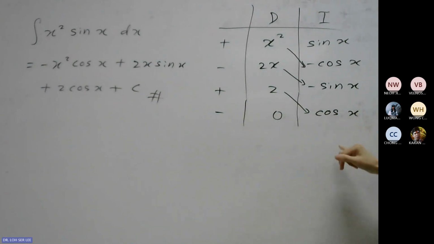And you will need this for next semester for the subject of differential equation, especially for the topic of the Fourier series. You will use this massively. So make sure you know how to use this tabular method. This tabular method we can use to replace the integration by parts.